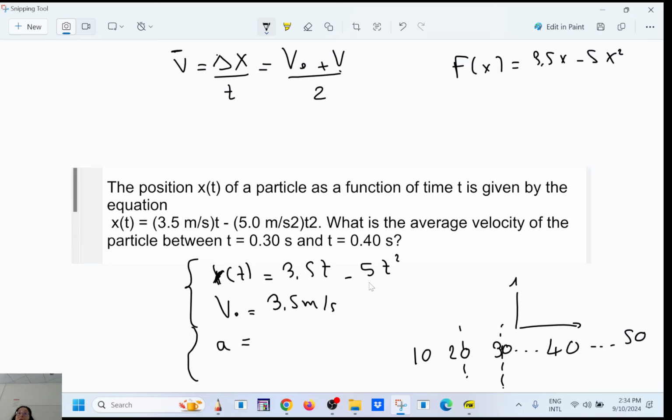Acceleration divided by 2, so half of what equals negative 5? Negative 10. Agree? Do you remember we did that so many times, like on Thursday? I used the equation x equals v0t plus 1/2 at squared. So in that case, this is negative 5, and this is 3.5. So half of I don't know equals negative 5, so I don't know has to be negative 10. Do you agree?